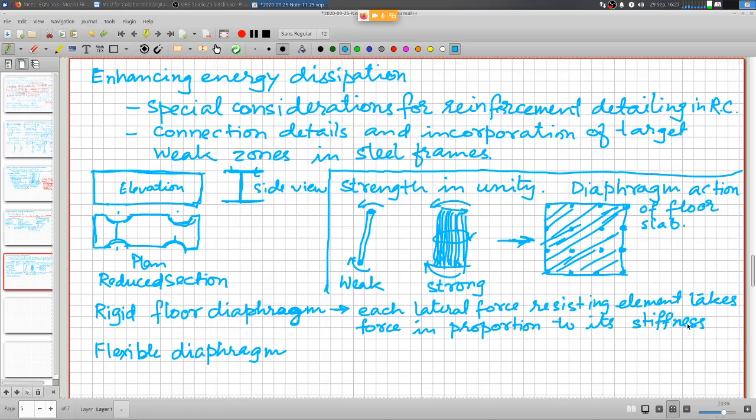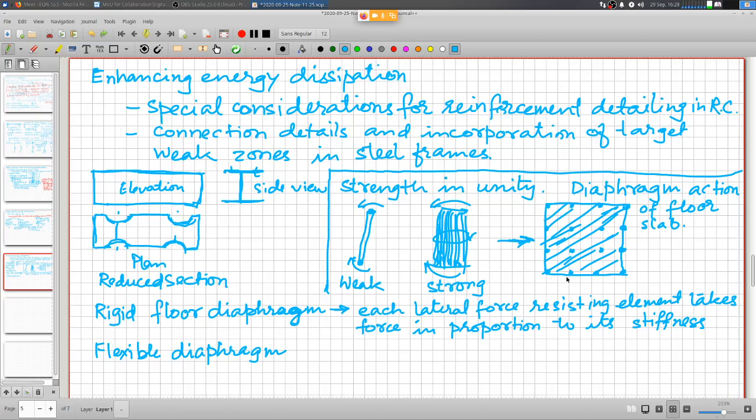Very natural, because each of these lateral load resisting elements is forced to move by the same amount. So all of them are subjected to the same deformation. And if the stiffness of these elements is different, then the total force generated in each element is going to be proportional to its individual stiffness.